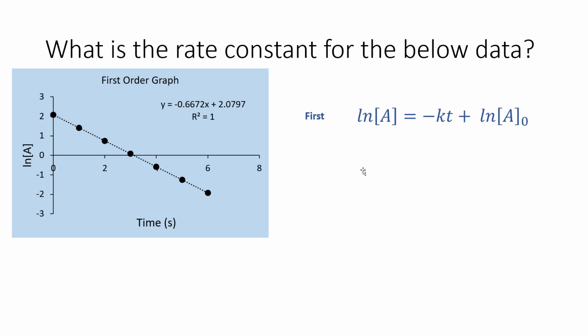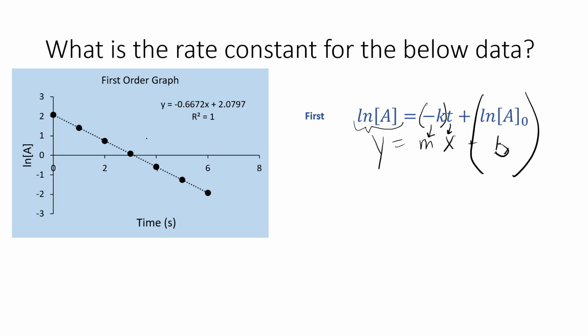I know it's first order, so I've determined that. But what about the rate constant? Remember that y equals mx plus b. That means this is my b, my t is my x, this whole thing, natural log of A, is equal to y, and then negative k is my slope.